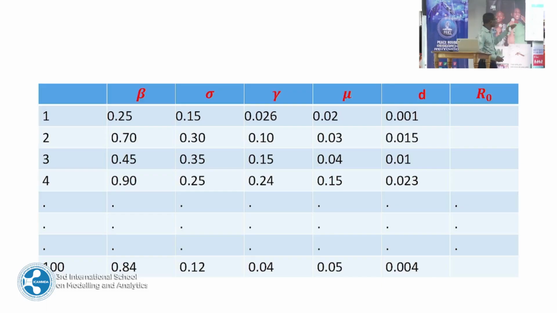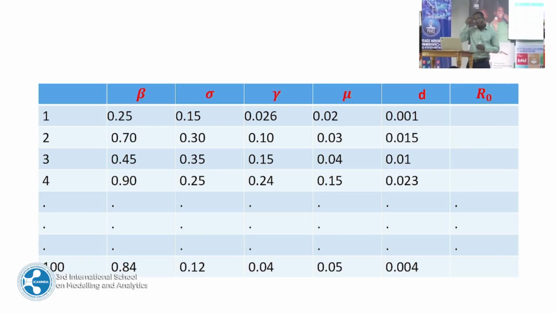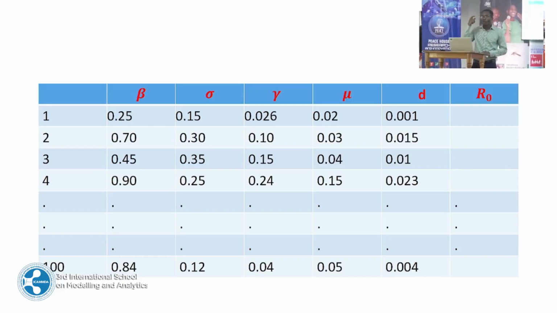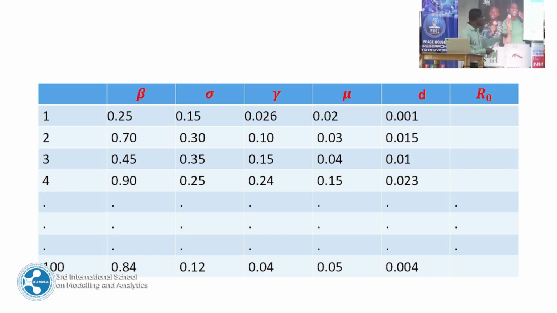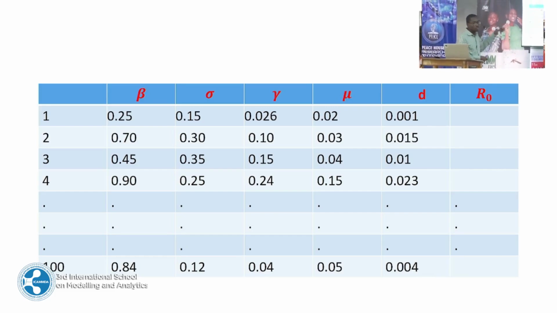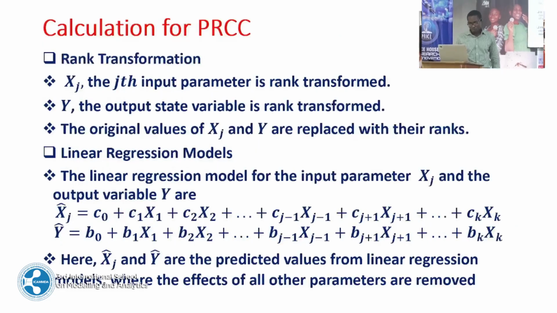So we put ranks to them. The smallest, we assign the smallest value. What's the smallest value here? For beta, 0.25, we rank that 1. The next one is what? 0.45, we rank it 2, like that. You rank each of the parameters. You also rank your R naught. That's what that step is saying, rank transformation.